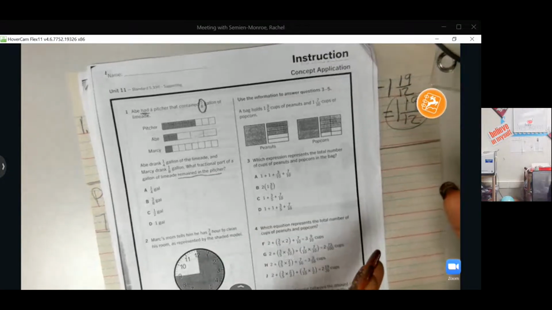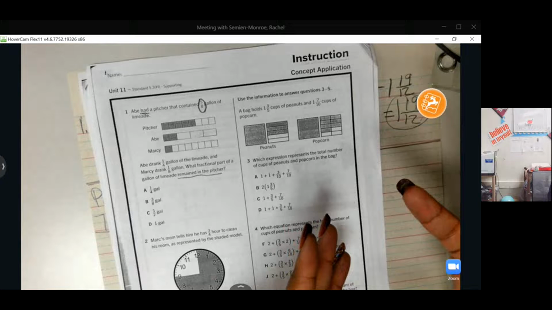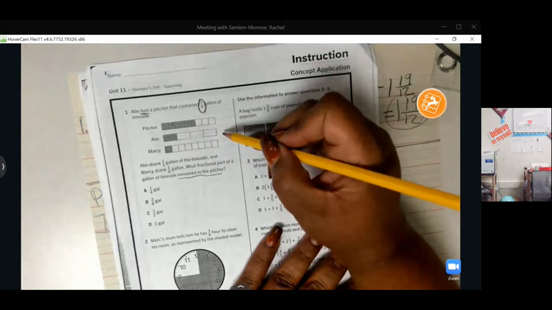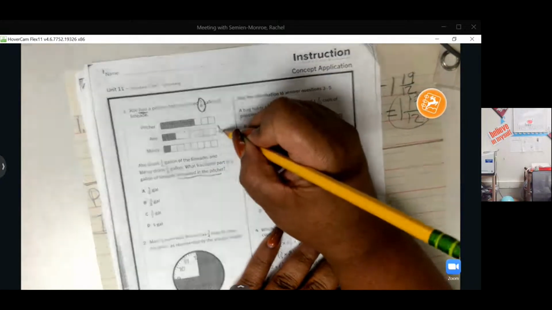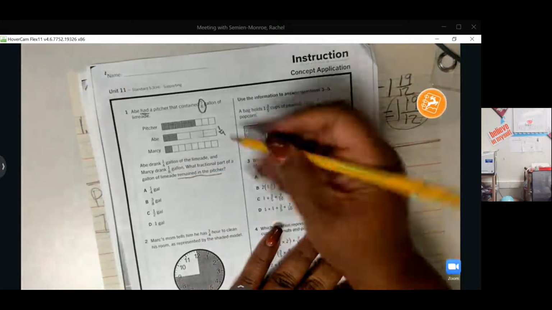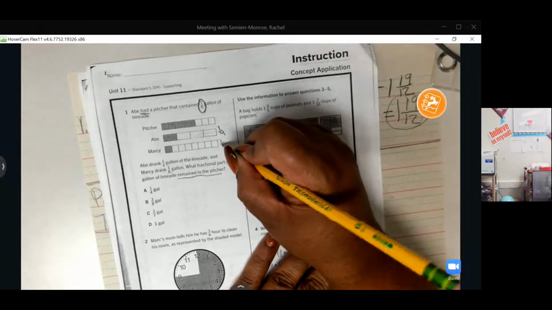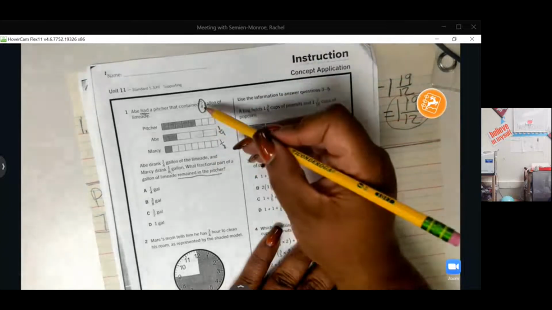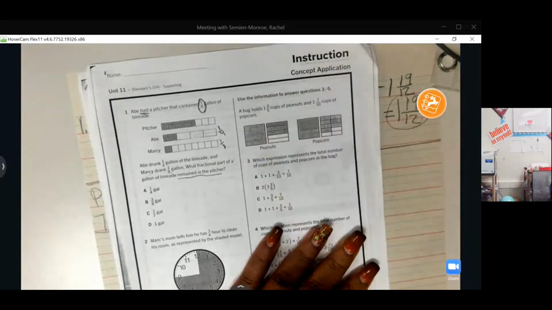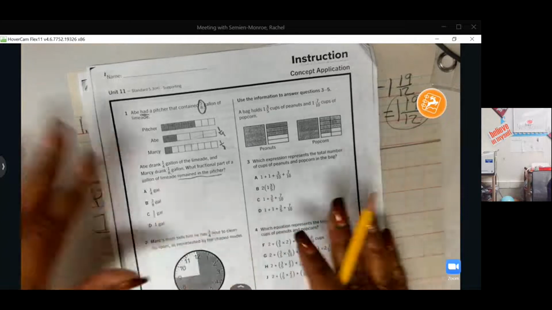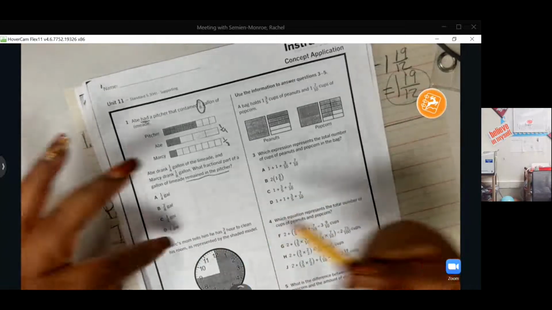Well, the first thing I have to do right now is I just need to add. I need to add the 1/4 right here. And I need to also add this 1/8. These two need to be combined. Just by looking at all the 8s, I know that my denominator is going to be an 8. So I am just going to start right here.